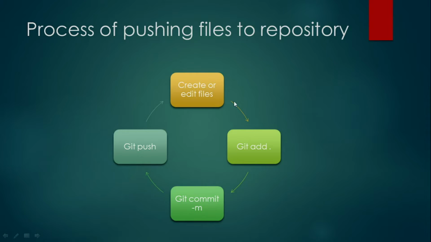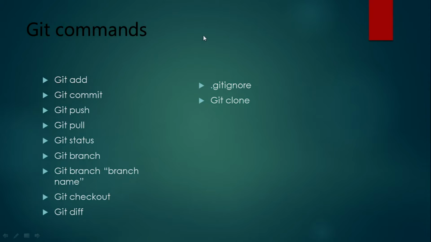And for checking the status at each of the stages, you can also make use of git status, and we will be seeing it practically in our session today. So these are the commands we'll be seeing today.